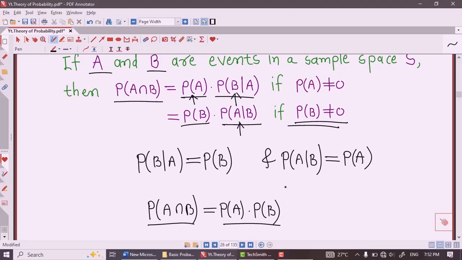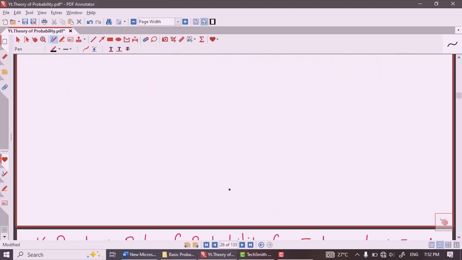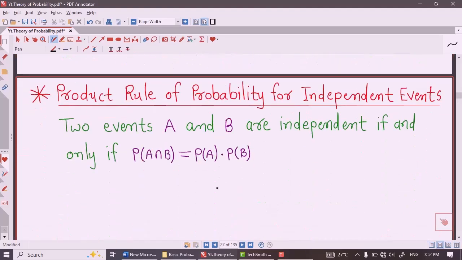Whenever events are independent, probability of A and B equals the multiplication of probabilities of A and B. So I have written that also.